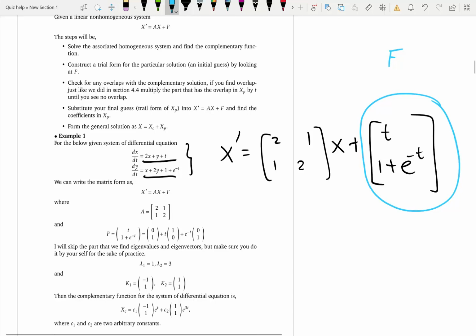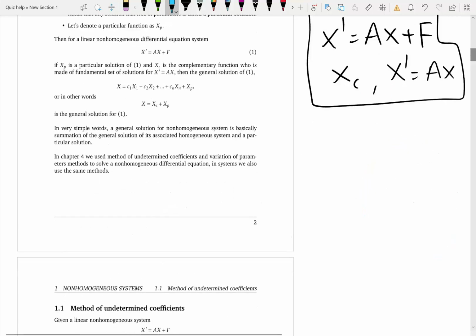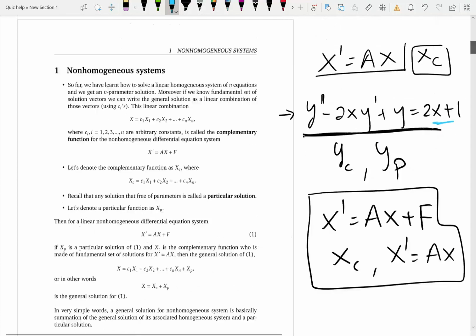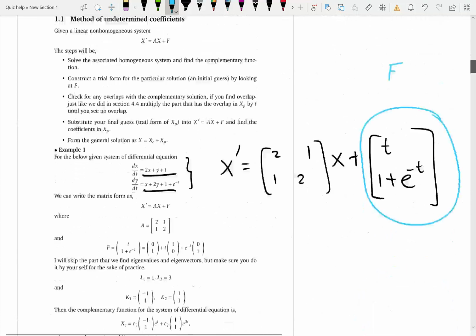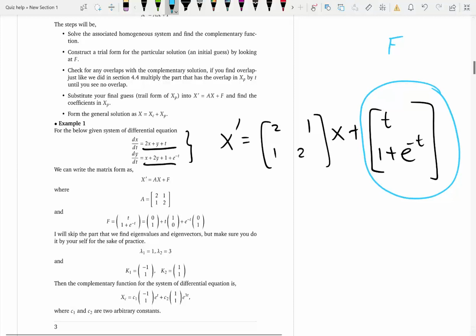But in chapter 4, we got functions, right? So that's a major difference. And in chapter 4, we had the non-homogeneous part on the right-hand side of the equation, just like 2x plus 1. But here it's a little bit different the way we write it. So you have to identify this capital F clearly.